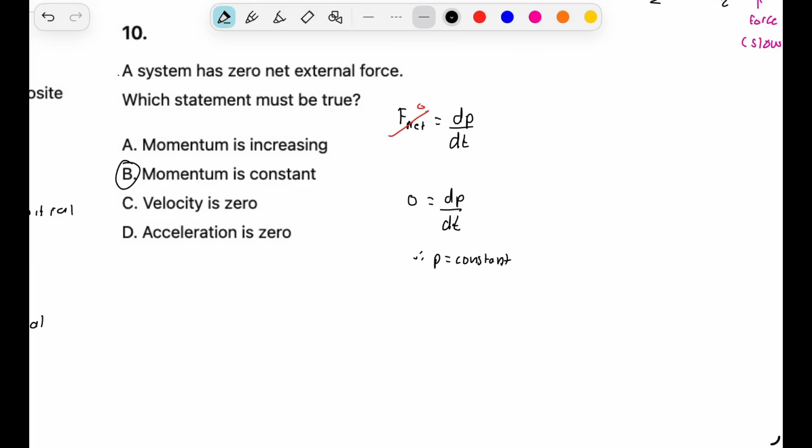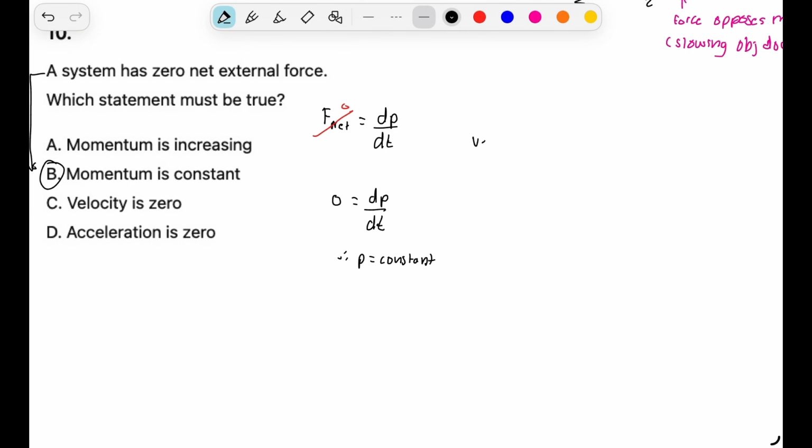And also this is the definition of what conservation of momentum means. You have no external force, that means you have constant momentum. So what's allowed when you have constant momentum, conservation of momentum? Your velocity can change internally and your system momentum can stay constant.